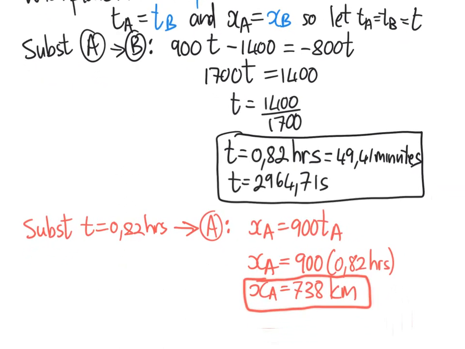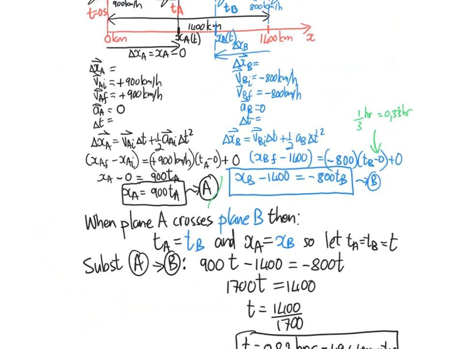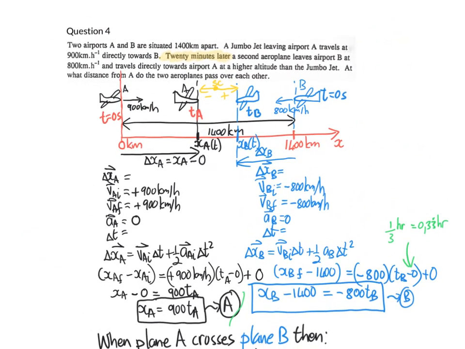We've worked it out to be 738 kilometers. Now, thinking about this conceptually, if we go to the original problem, if aircraft B only lifts off a third of an hour later, then aircraft A is going to travel a lot more distance than 738 kilometers.